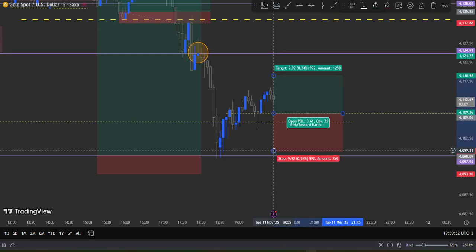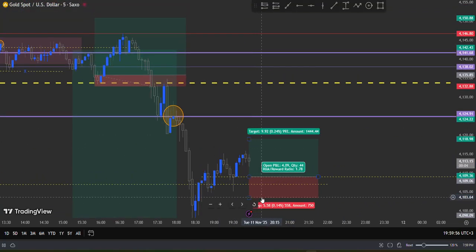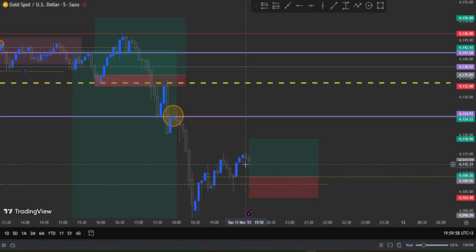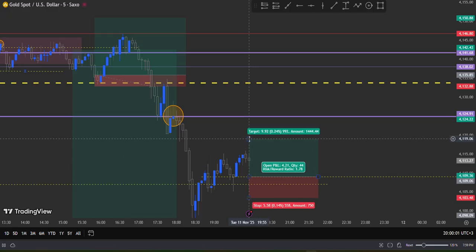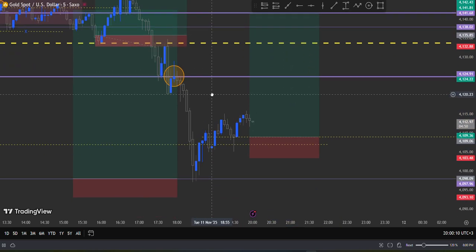But what are you targeting? We're targeting the other. Though the problem with missing these trades is that you may encounter big stop losses, because you have to take into consideration this liquidity here, and the market may come sweep out this, may come sweep out that, then we shall wait.